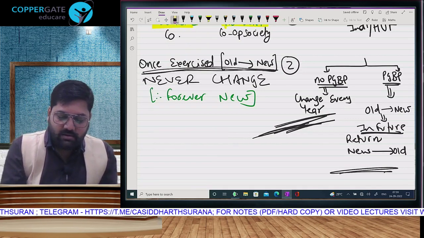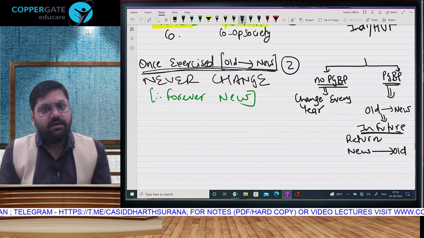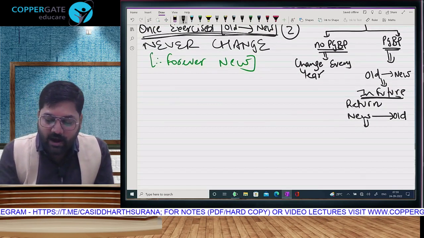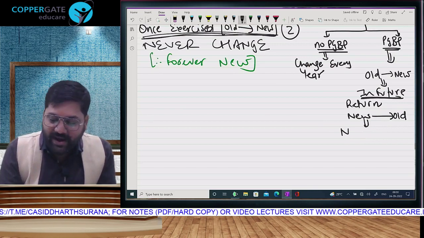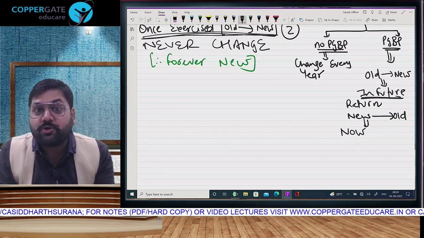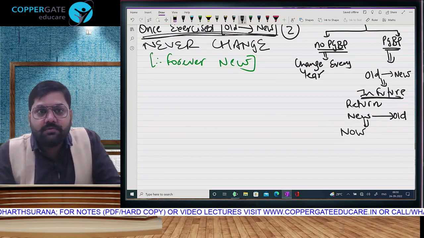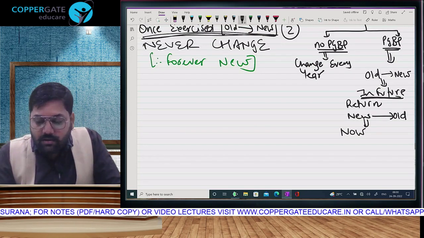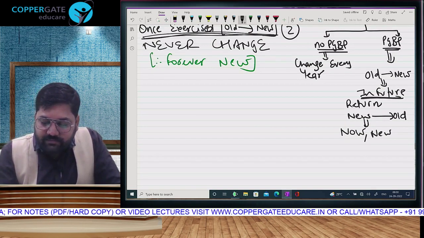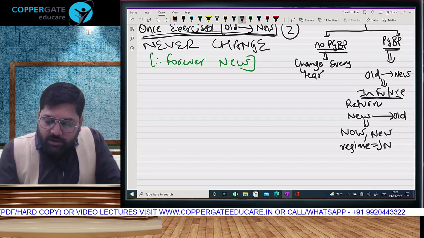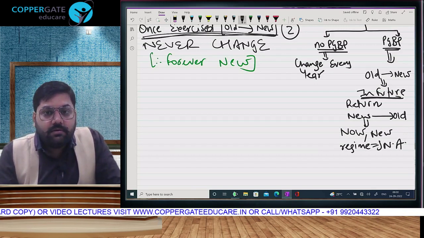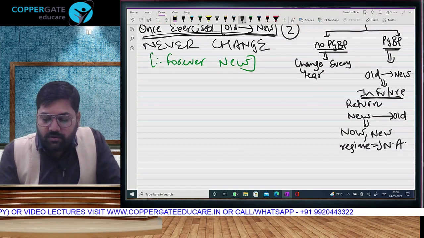But the condition is this: now where are you? You went to new, you have come back to old. Now where are you? Old. Now the new regime will not be available forever.